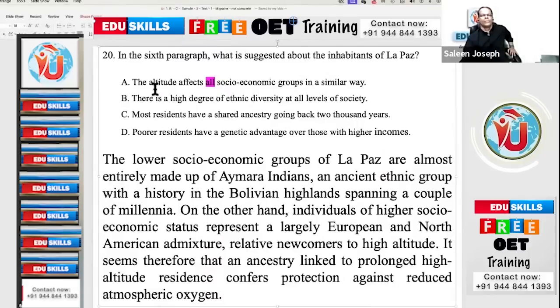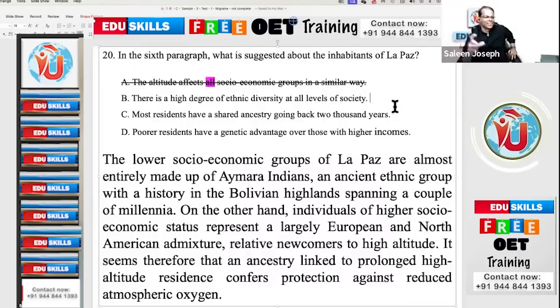Now, if there are absolutes like all, only, no one, everyone, normally those can be immediately eliminated if there is an absolute expression. But if the statement says not all socioeconomic groups, that is not all.